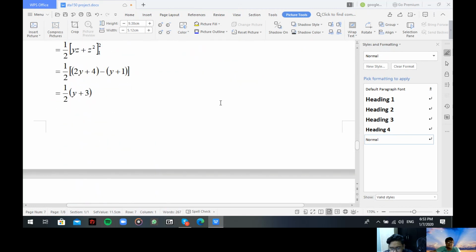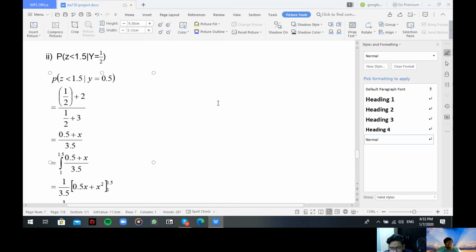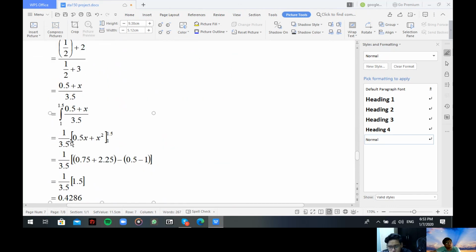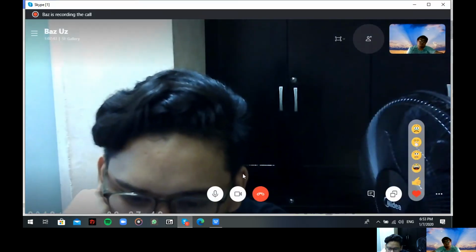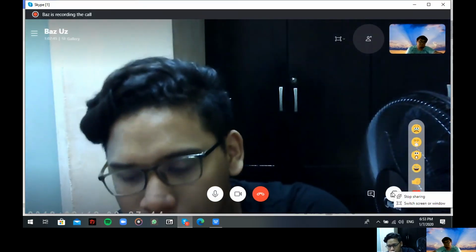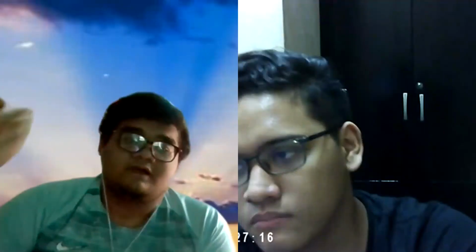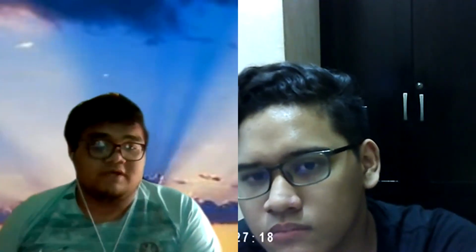So 1.5, 1, integrate like normal, like as always we do, and then you will get 1 over 3.5 multiplied by 1.5, you will get 0.286. Just that. Actually, statistics is fun if we know how to do it.